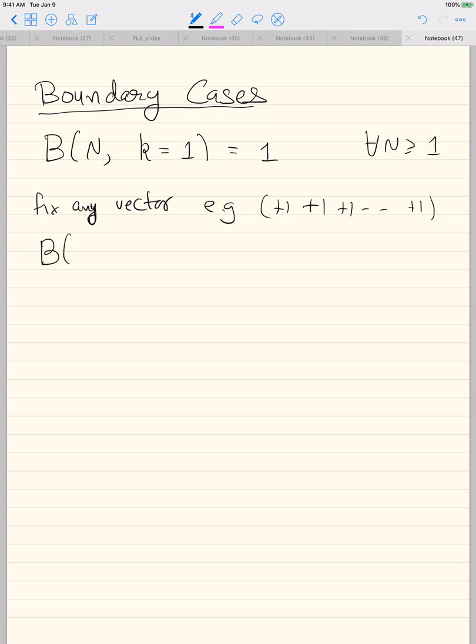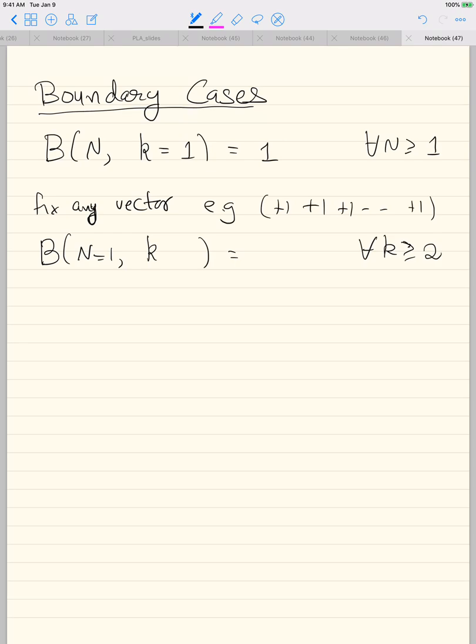What about B(1, k)? What is that going to be? Let's just do general k, for all k greater than or equal to 2.